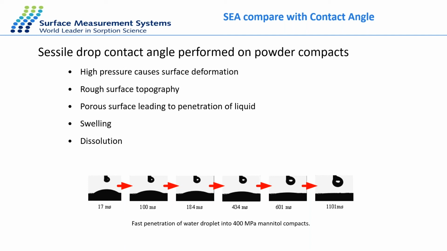So you have to compress the surface. And then you put this drop on the surface, measure the angle. You see that over the time, this drop will penetrate into the part, will swell into the sample. So there can be dissolution, and these are the disadvantages of this technique. So it's not really applicable on powders or porous materials.